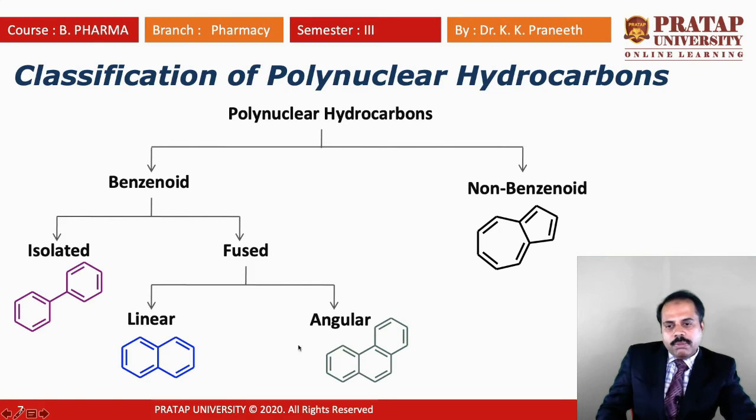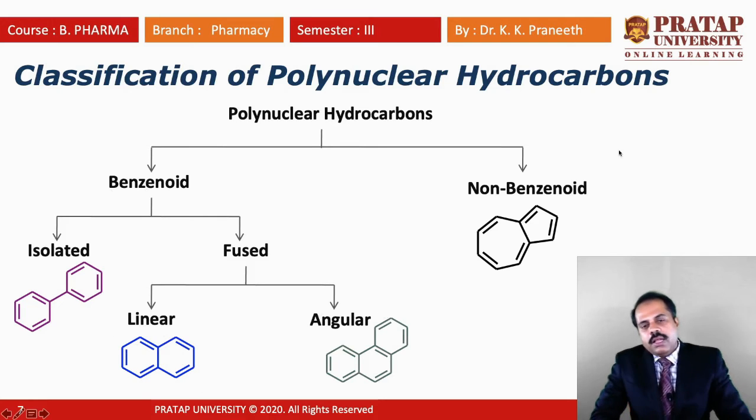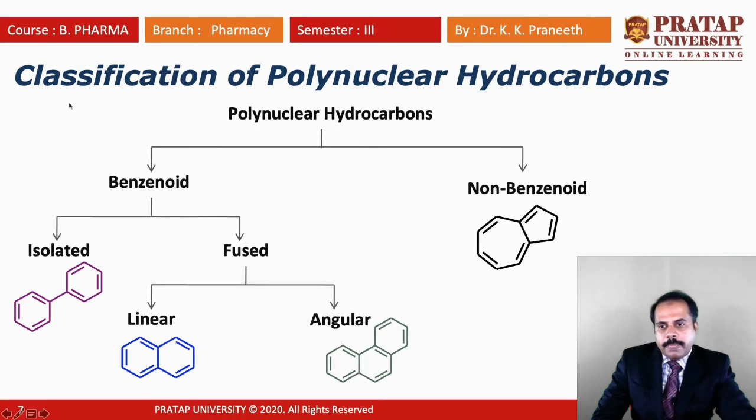So, it is easy to remember if you go this way. Angular fused benzenoid polynuclear hydrocarbon is this one, linear fused is this one, and isolated benzenoid polynuclear hydrocarbon is this one. So, we can easily remember using this chart structure.